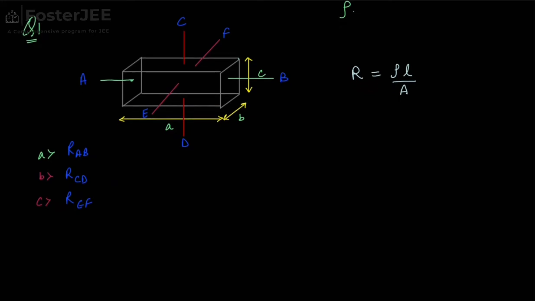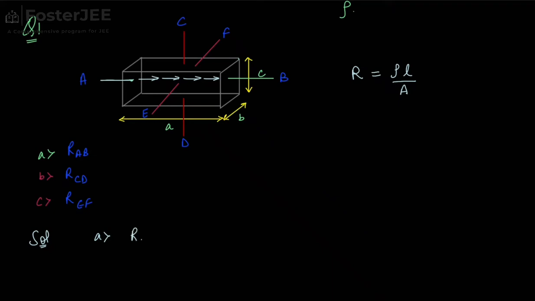So, how will we apply this concept in this part? Let's see. For our part A, the resistance between A and B. If we consider this, then the electrons will have to travel through this part. Now, what will be the length of flow in this part? Obviously, this length A will provide the resistance.